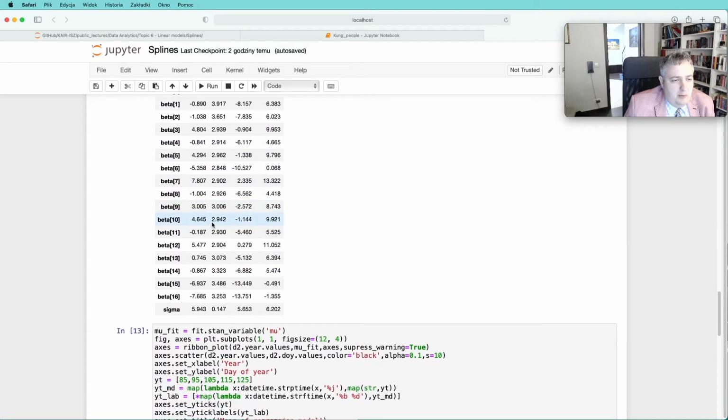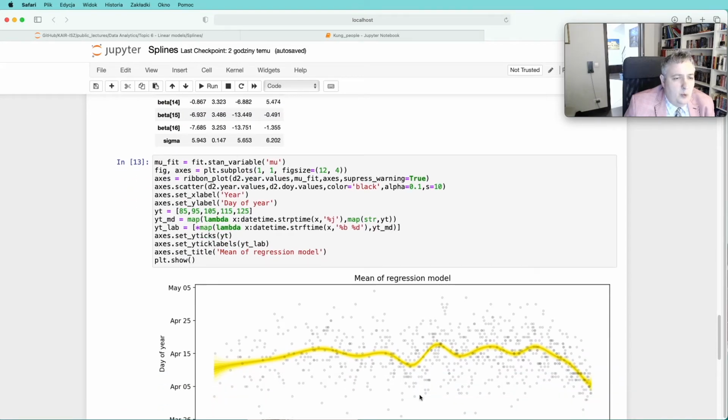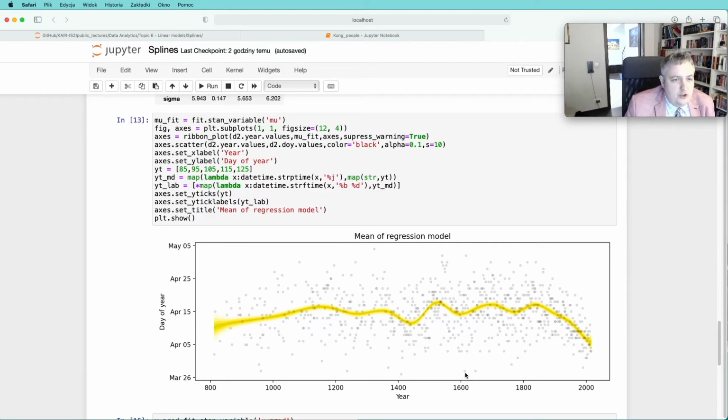We are not plotting them because that would be a bit complicated, but we can again consider the mean regression. As you can see, this is a linear model which models a nonlinear function, so there is no issue with that. In this mean regression, you get these spline functions. You have a ribbon plot of the mean.